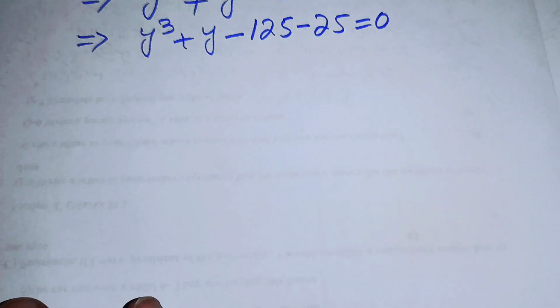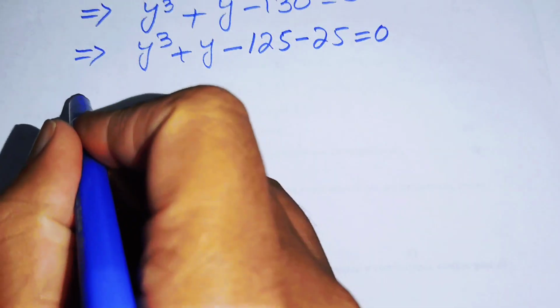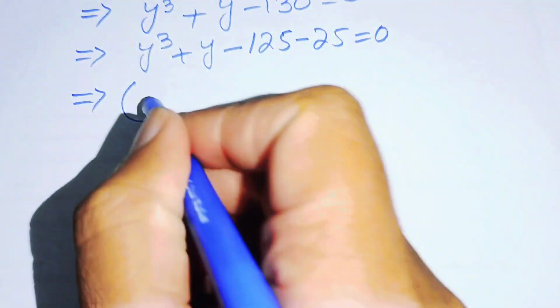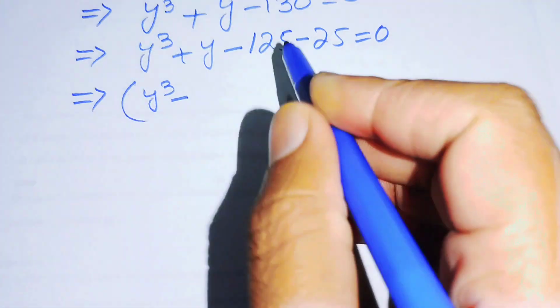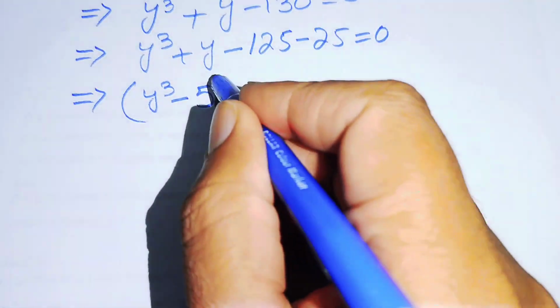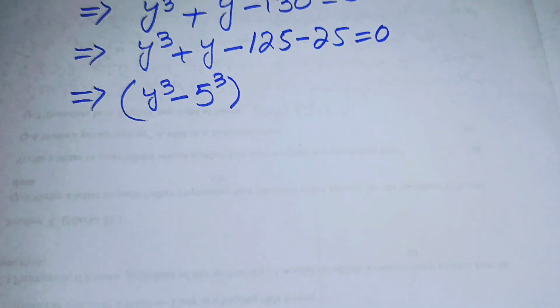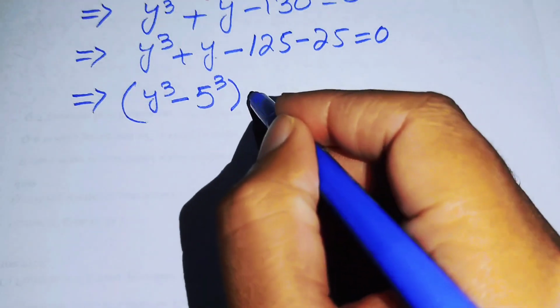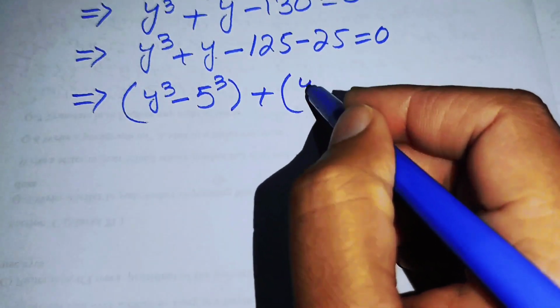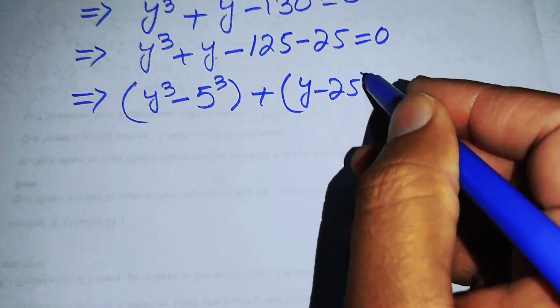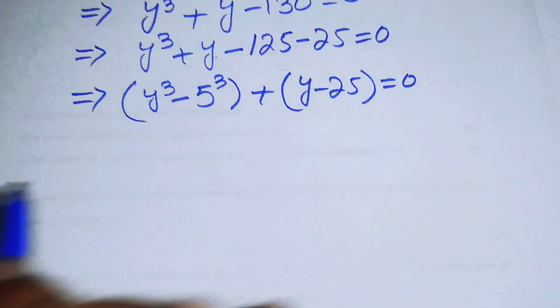After this step we will arrange y cubed with 125, and you write y cubed minus 125 equals 5 cubed, and we make the pair of y with 25, and this whole equation equals 0.